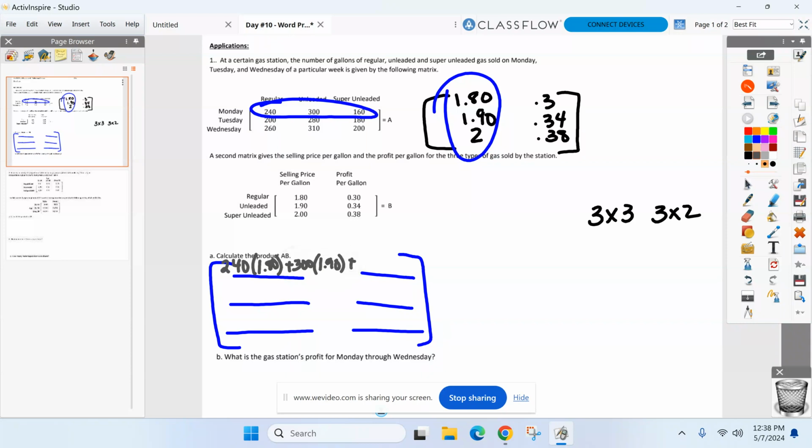And then we add that to 160 times 2. And let's just make sure we're starting on the right note. Are we getting 1,322? Yes. 1,322. We're good?